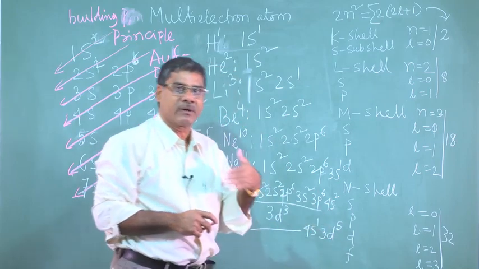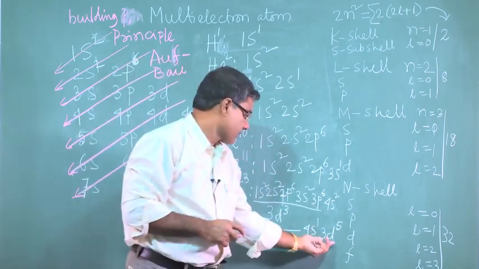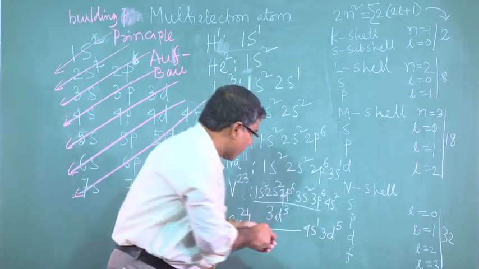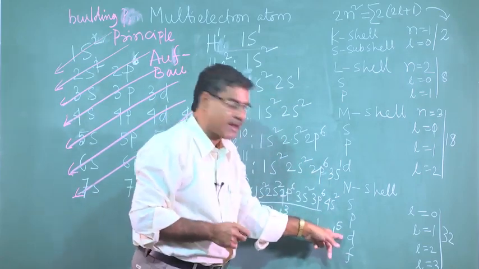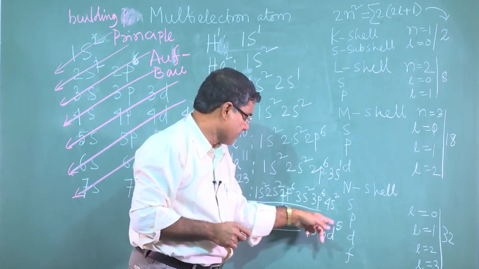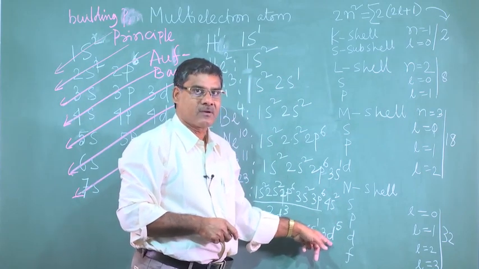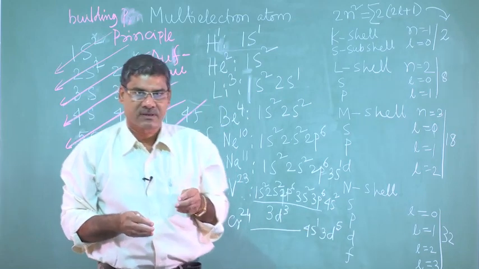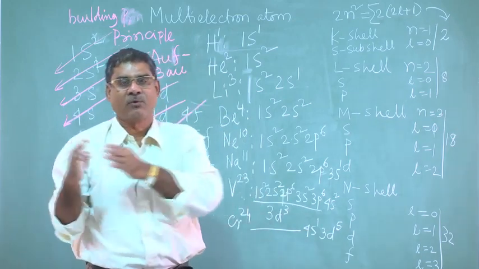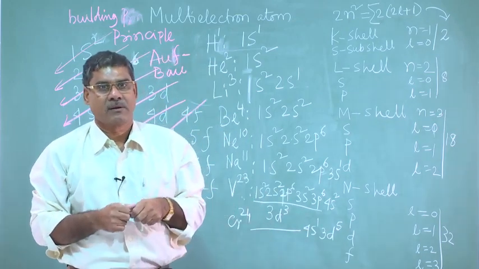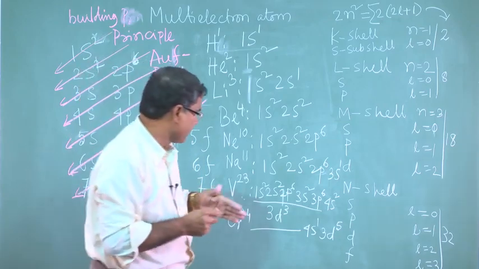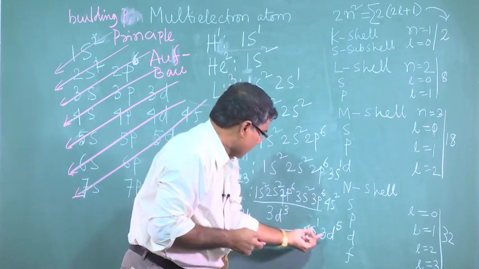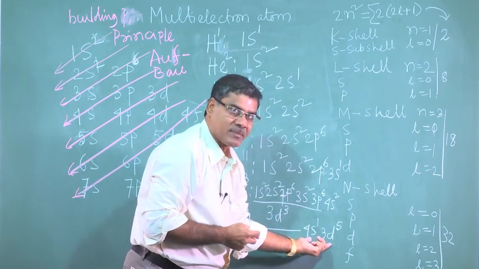So here, if 4s2 and 3d4 as per the rule, it should be like this, but it breaks here. It considers that half filled or fully filled subshells are more stable electronic configurations. Why it becomes more stable, I will tell you later on, the explanation of that.